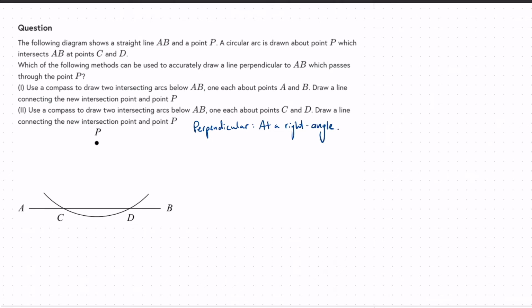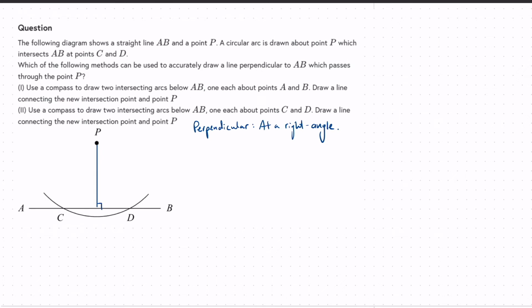Okay, so perpendicular to AB, that goes through the point P. All right, so it's going to look something like this.